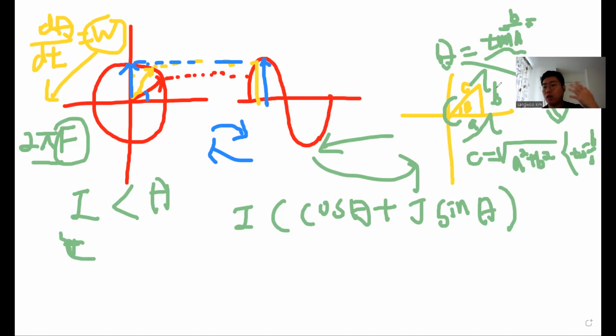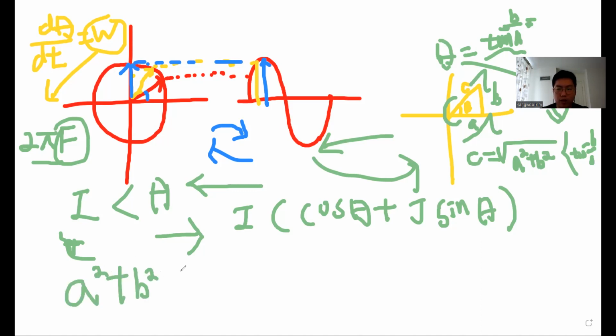Just try to understand the concept: why we need to use a phasor. So this is to explain this, and this is to explain this also, okay? Because look at that. As I said here, arctangent of A and B, you can see.